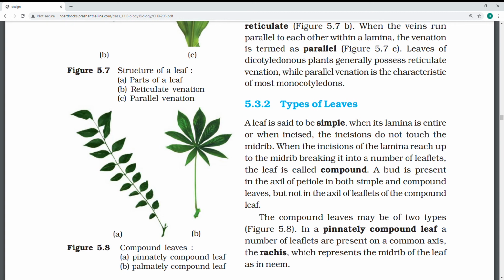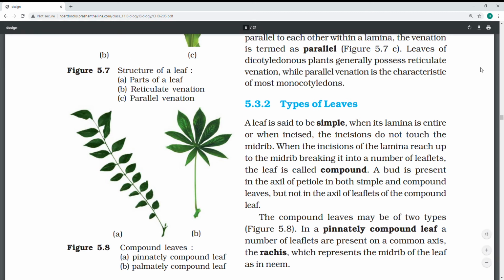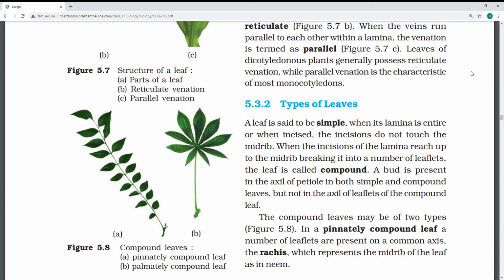So alternate phyllotaxy, in this type there is only one leaf at each node arranged alternately, which is hibiscus. So opposite phyllotaxy is where leaves are arranged in pairs at each node.